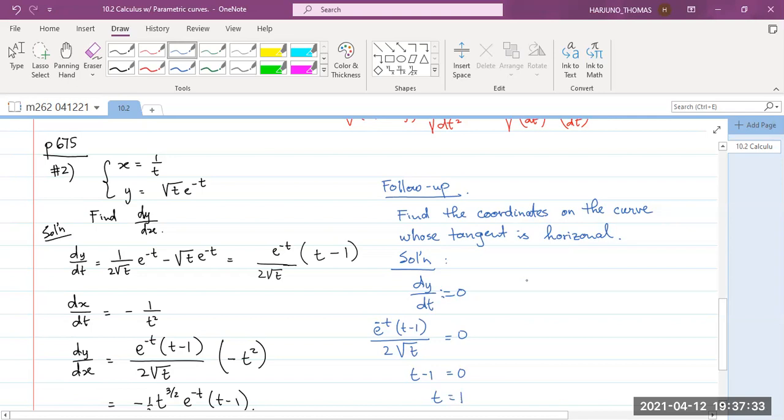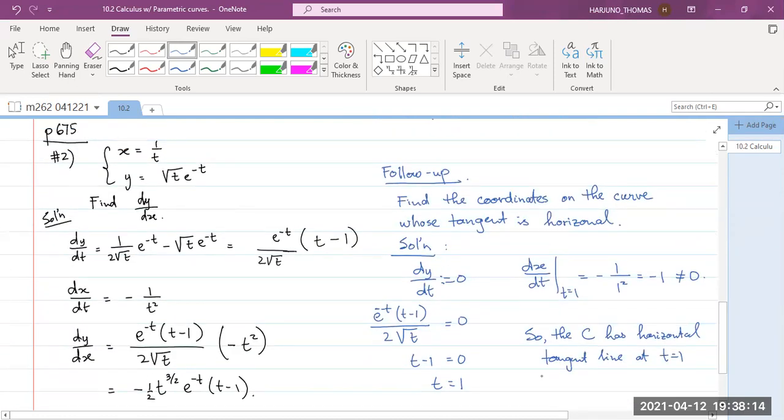And make sure you check that dx/dt when t equals 1 is not 0. Okay, so the curve has a horizontal tangent at t equals 1.